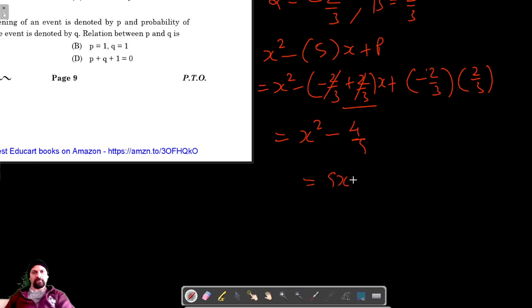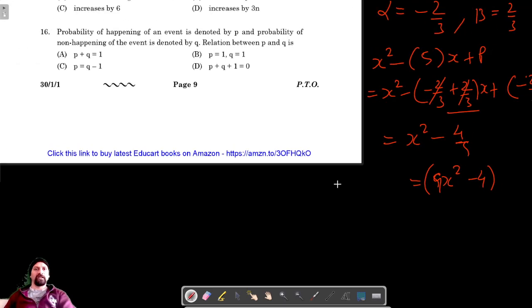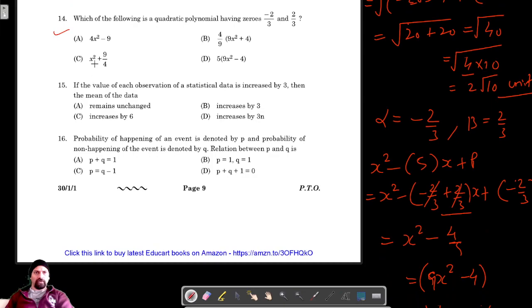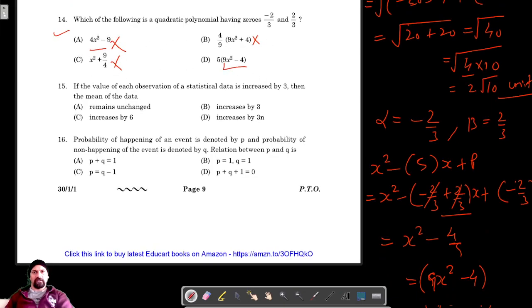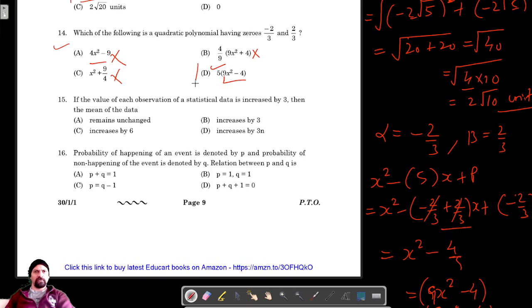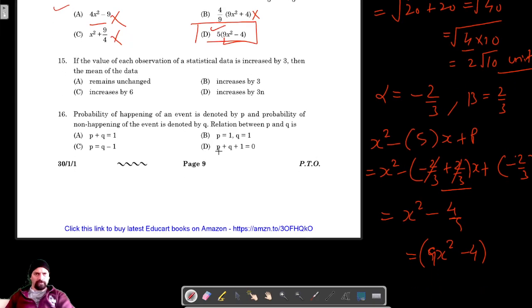So this can be written as 9x square minus 4 as the polynomial. Checking the given options, this is not the one, and this is not the one. The one with a constant matches, so our correct option is option B.